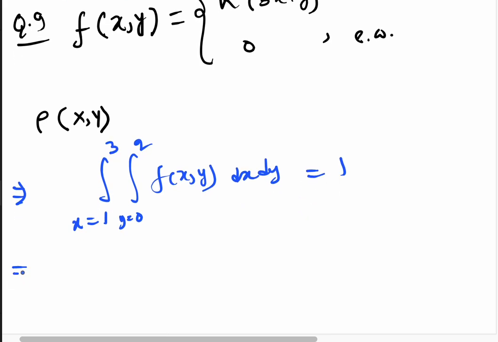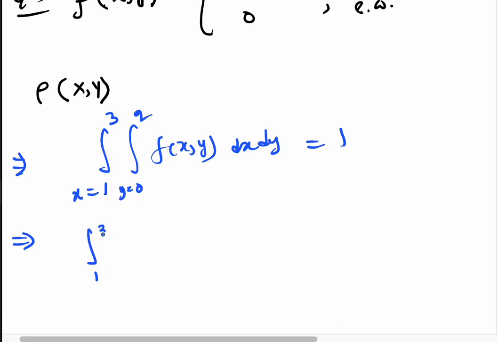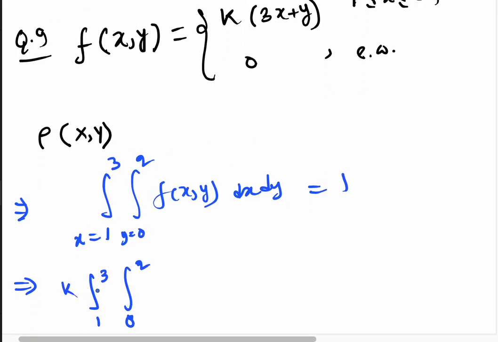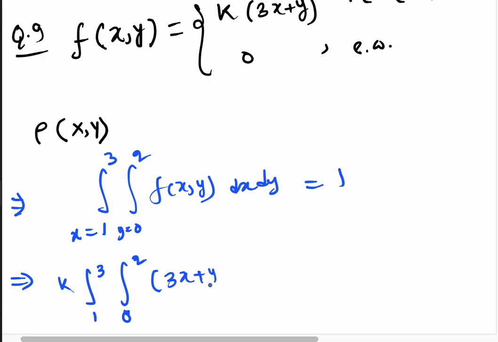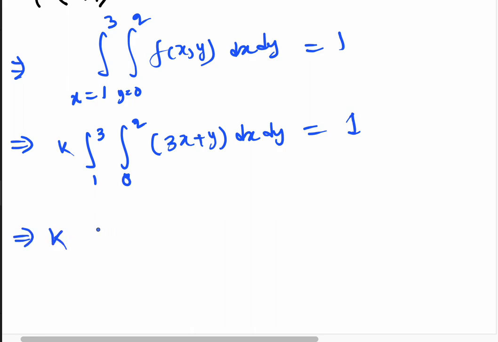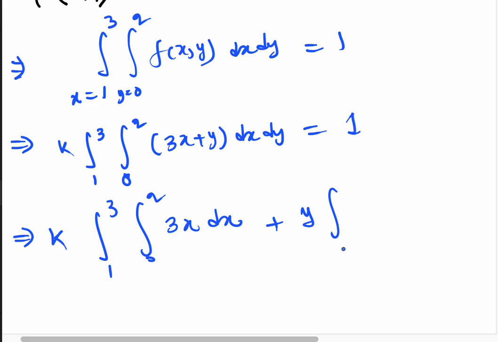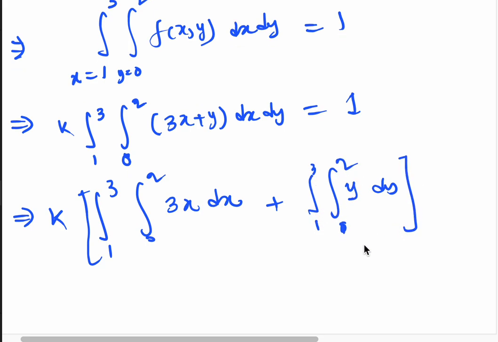So that means integration 1 to 3, 0 to 2 of k times 3x plus y dx dy equals 1. That is k, 1 to 3, 0 to 2, 3x dx plus y dy, should be 1.